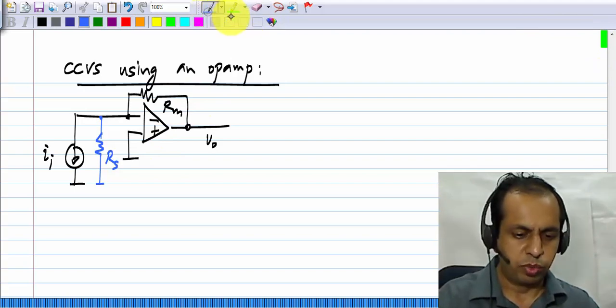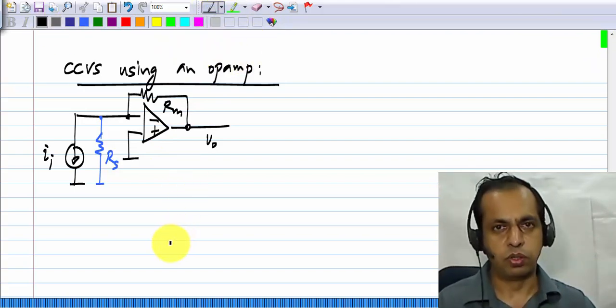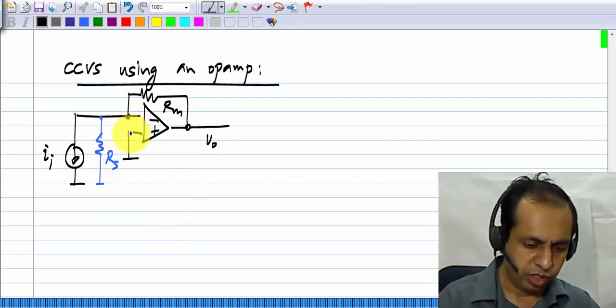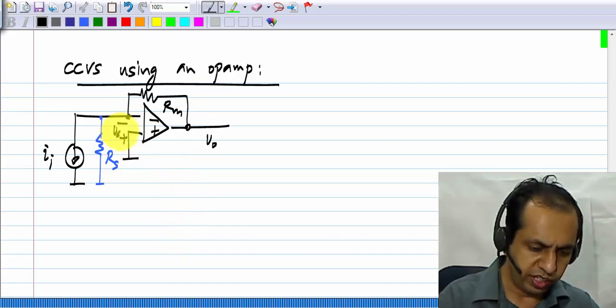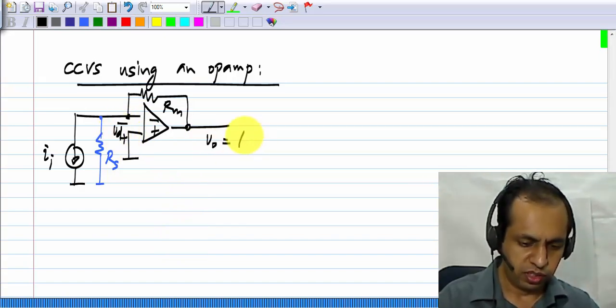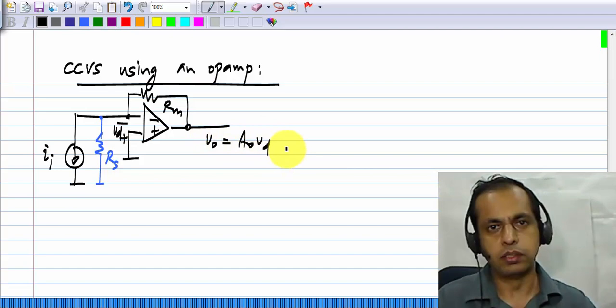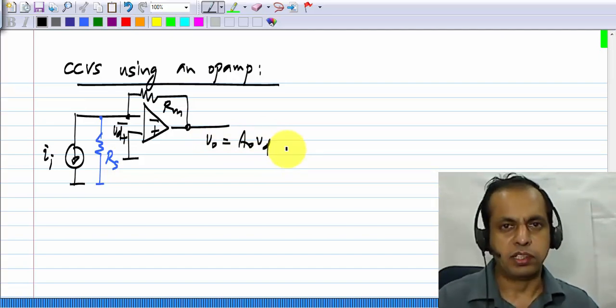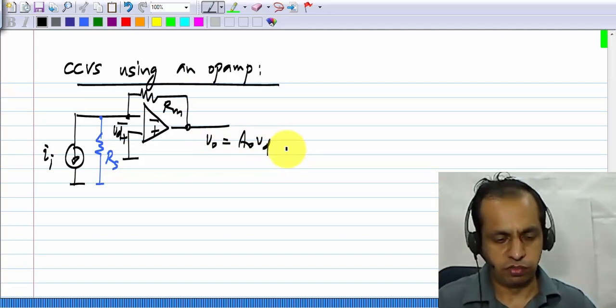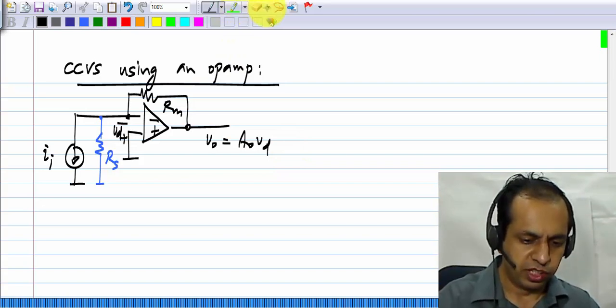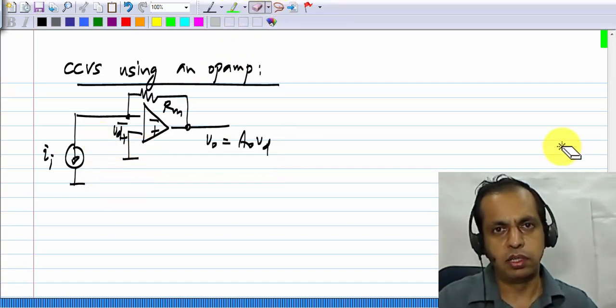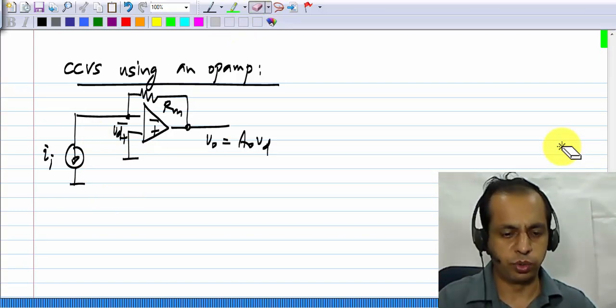Now, the op-amp is modeled as a voltage controlled voltage source. That means that if this voltage is Vd, the output voltage V0 is A0 times Vd. Let's analyze what exactly we get from this, and for simplicity, I will not include Rs, but you can include it and analyze it and see what you get out of it.